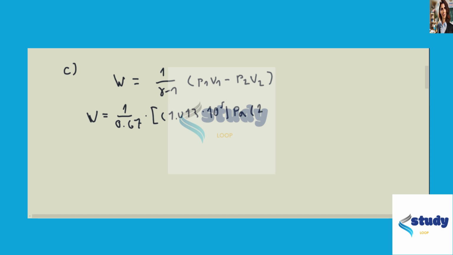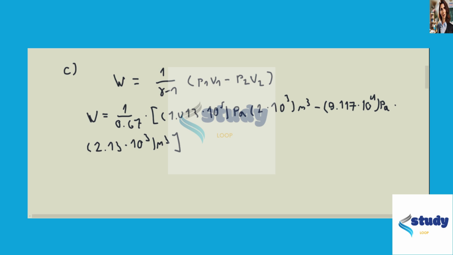Then we have 2 times 10 to the third power meters cubed, minus 9.117 times 10 to the fourth power pascals, multiplied by 2.13 times 10 to the third power meters cubed, and close the brackets.